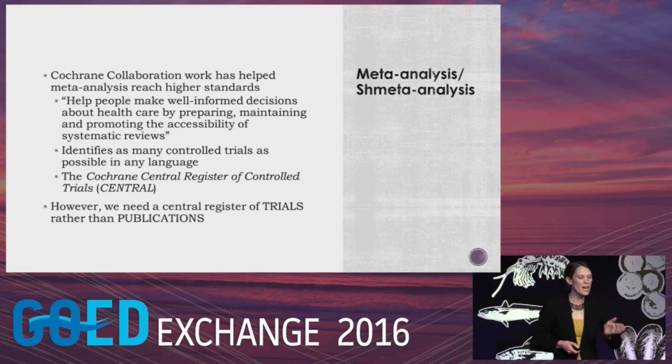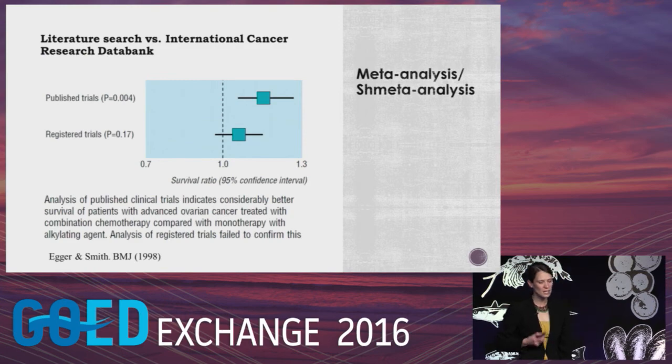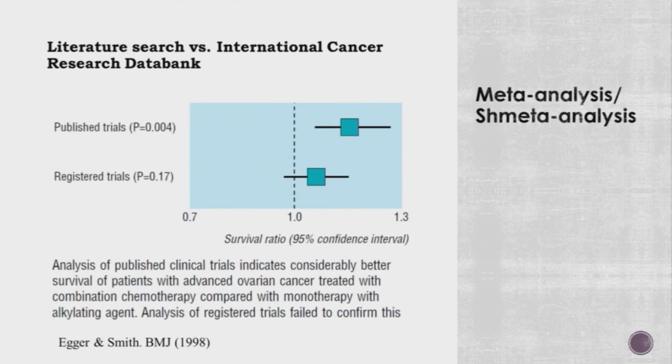So what we actually want is to look at trials rather than publications. And this is why. So this is an example of two different treatments for ovarian cancer. In the published literature, there's a highly statistically significant effect of a combination chemotherapy, okay, over the standard.